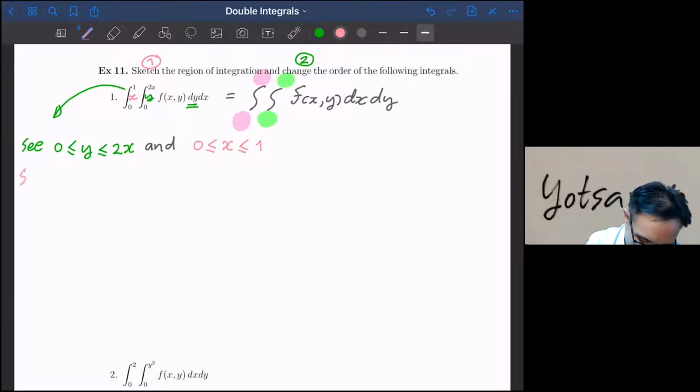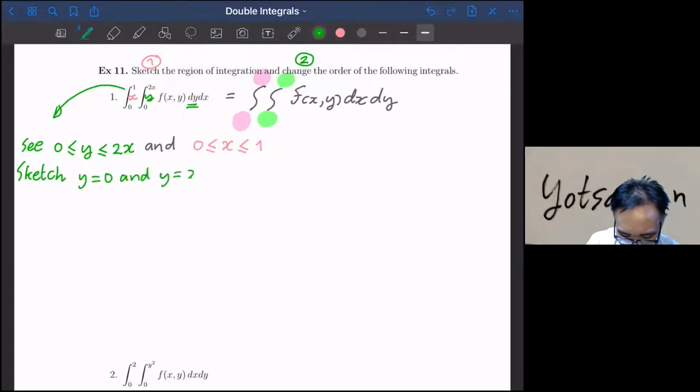So we're going to sketch y equal to 0 and y equal to 2x.